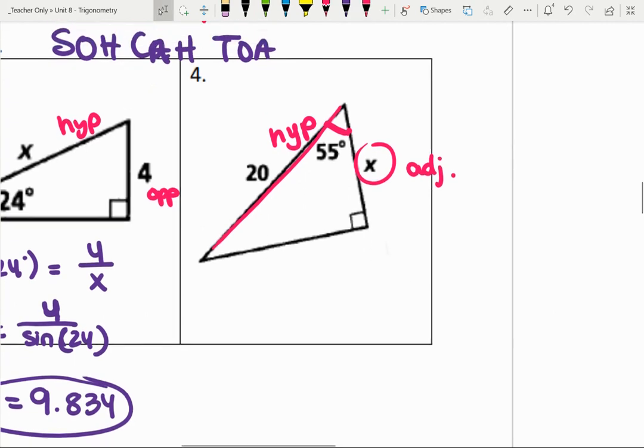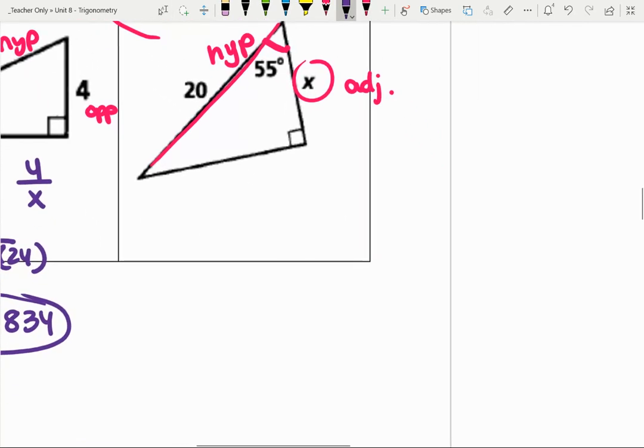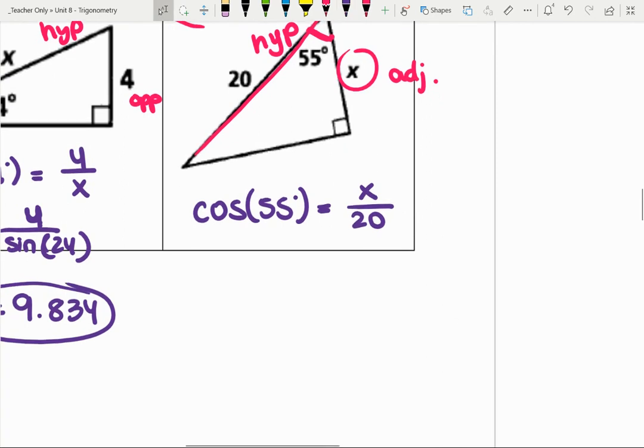So since we're dealing with adjacent and hypotenuse, that's going to be our cosine. So the cosine of 55 degrees is equal to the adjacent side divided by the hypotenuse, so cosine of 55 degrees is equal to x divided by 20.